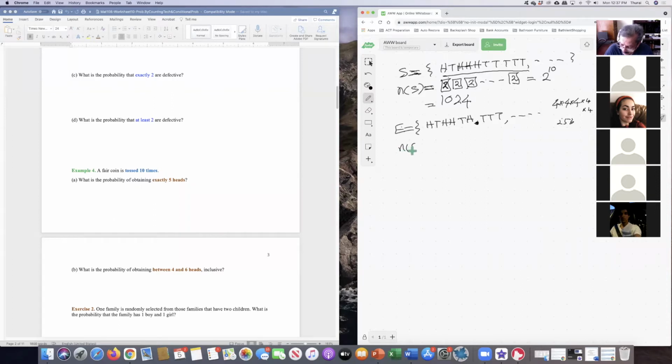How do I count that? Remember, this is not new. We did this before. Count of event E. Anybody? This is the same as asking the question this way. I have 10 boxes and I need exactly 5 H's.